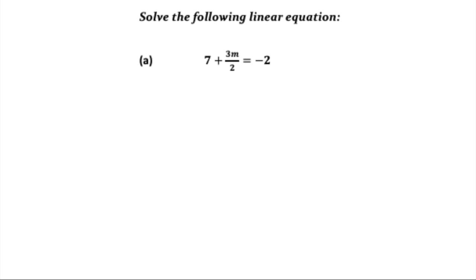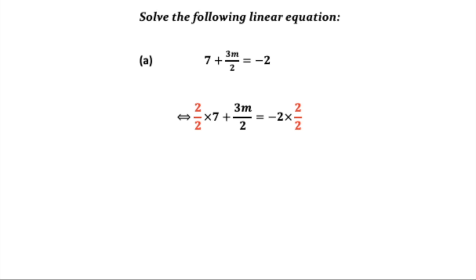So let's move on. If we have that, what do we do first? We try to put everything on a common denominator, which is basically putting everything under the same number. We know 7 is always over 1, 3m is over 2, and negative 2 is over 1.